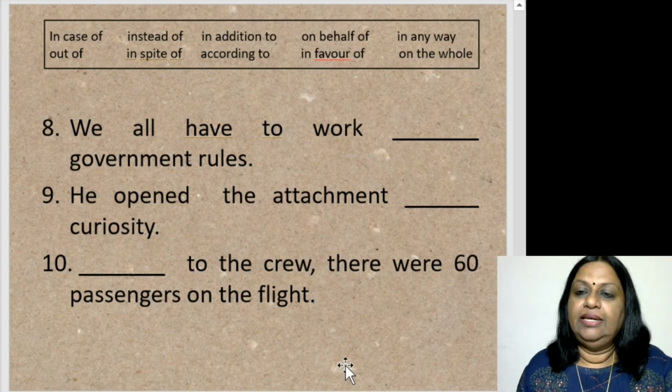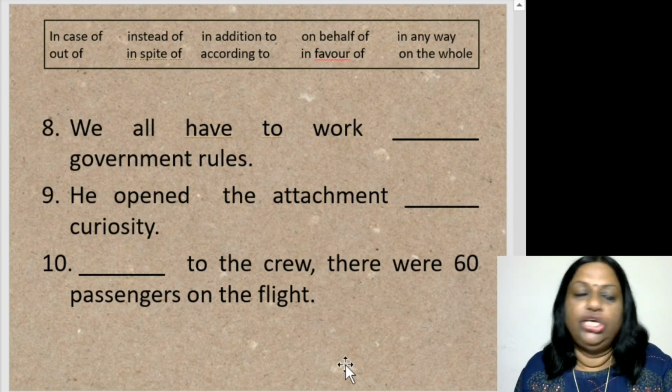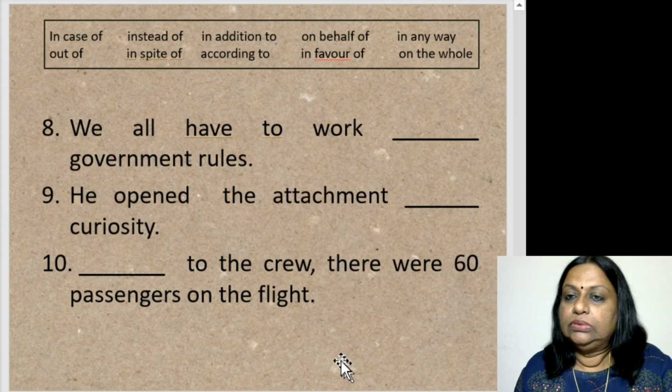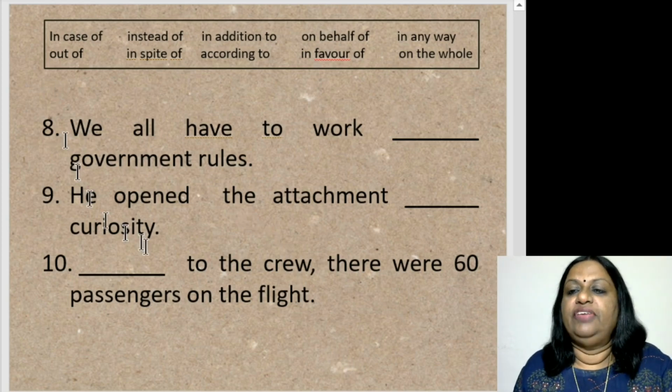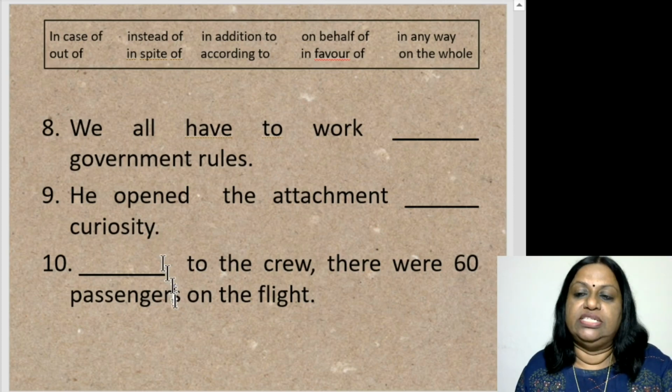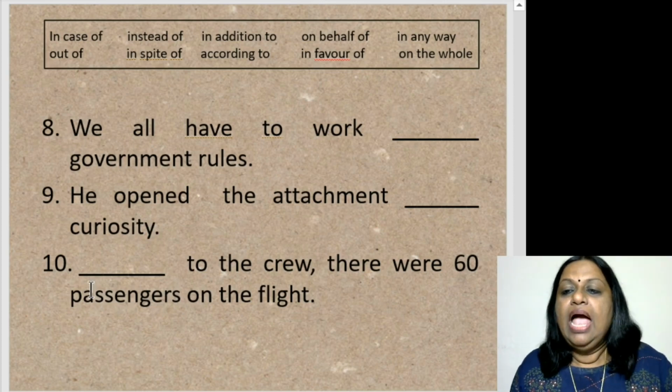Sentence 9. He opened the attachment dash curiosity. Let's pick out of. He opened the attachment out of, because of. Okay, out of curiosity.